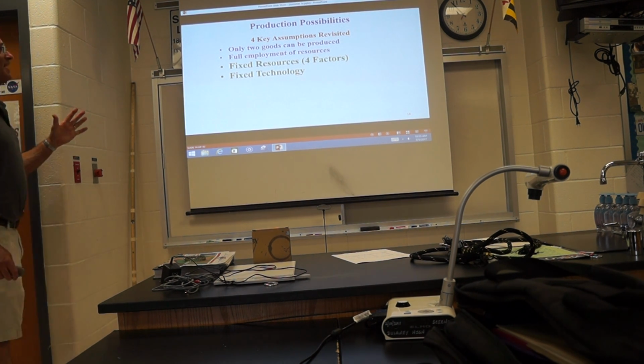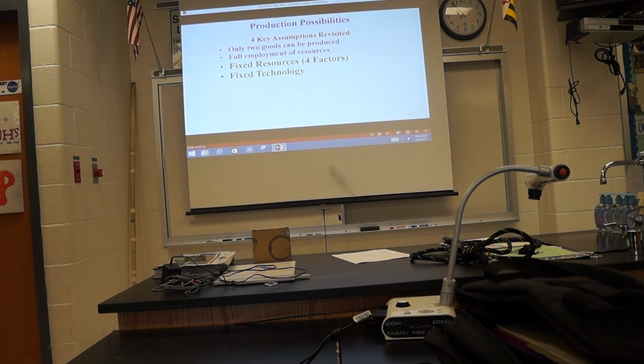Now, that being said, there are things that will shift that production possibilities curve. Here are the 3 things that will change it. One, a change in resource quantity or quality. So if more people immigrate to the United States, that's more workers, and that is going to shift the production possibilities curve.